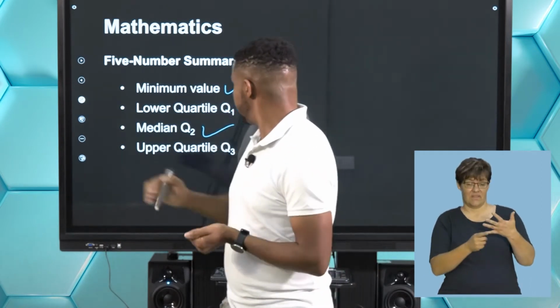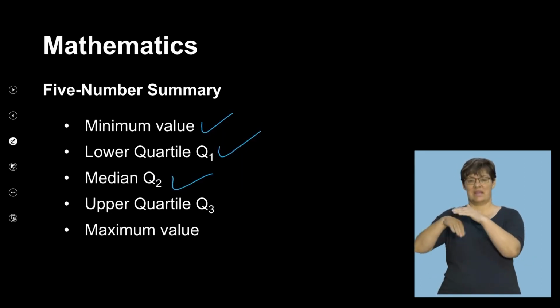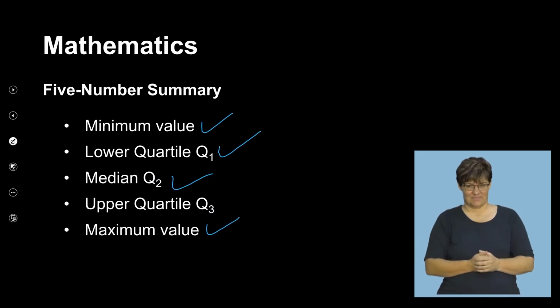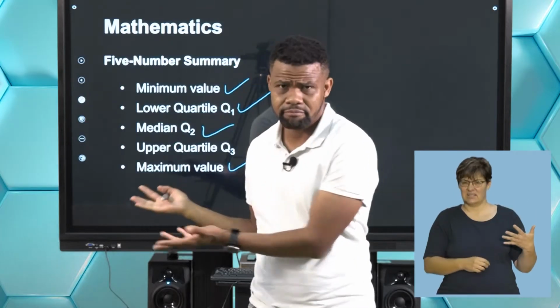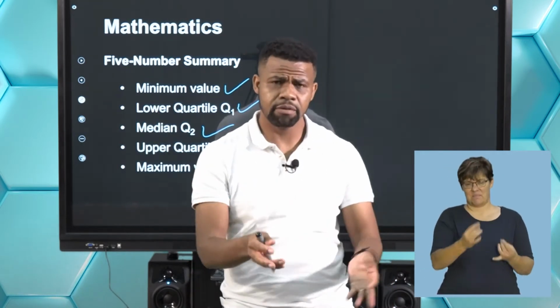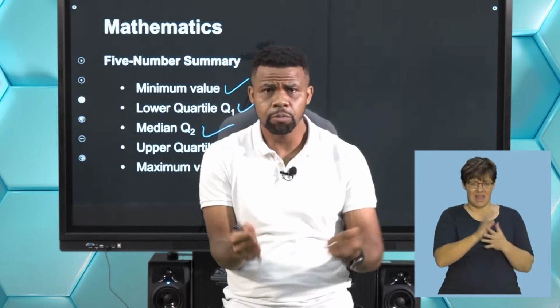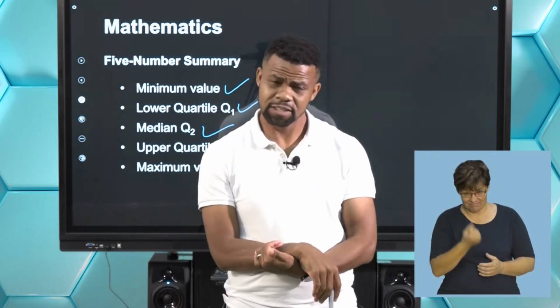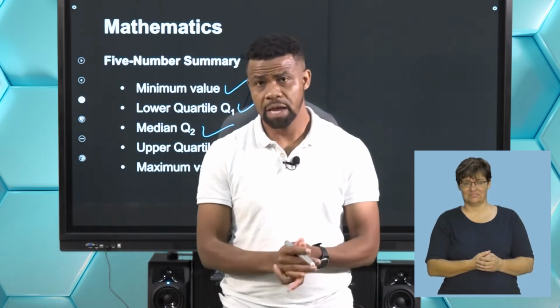Okay. Then we have our maximum value, which is the last one. Okay. Why do we need this? Instead of presenting 1,000 data points, you calculate the 5-number summary, and from the 5-number summary, we can do some analysis and arrive at some conclusion. Does that make sense? Okay, beautiful.